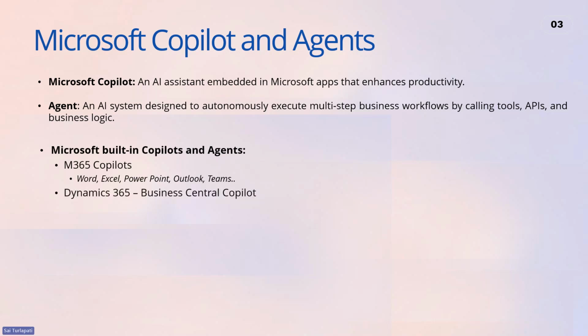Dynamics 365 is a business suite from Microsoft. This business suite contains a lot of products, from financial management to Business Central to sales, marketing, and other areas. Given the focus of this session is predominantly on Business Central, here I referred to the Business Central Copilot that we are going to discuss.